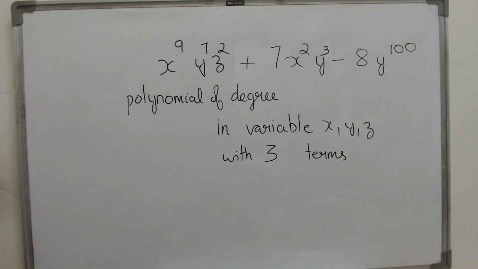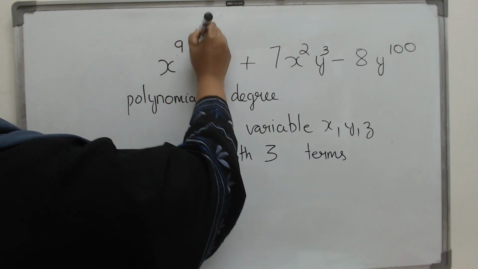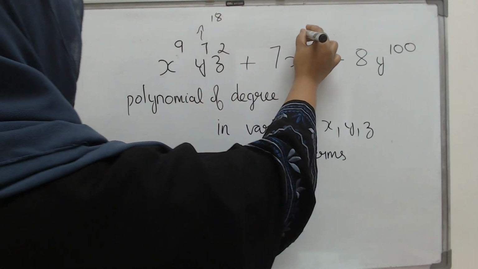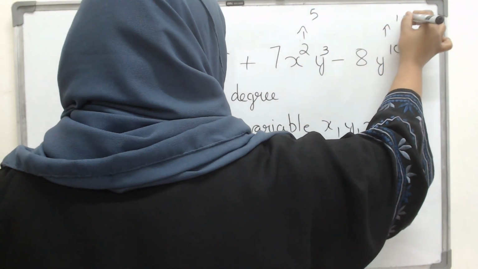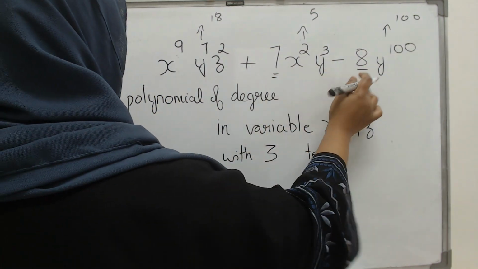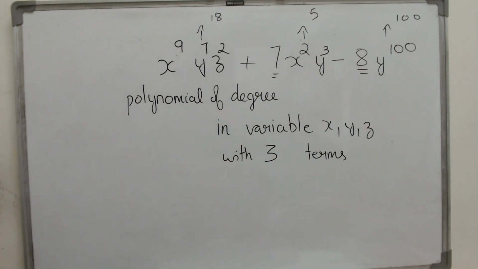For that, find the degree of each term separately. The degree of the first term we have already found: 9 plus 7 plus 2, 18. This is 2 plus 3, 5. And here it is just 100. Do not worry about this constant here, this 7 or this 8. Do not worry about this constant. All you have to see is that it is not 0.